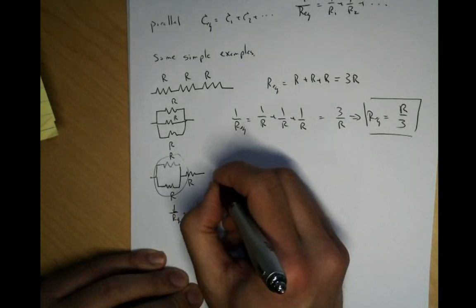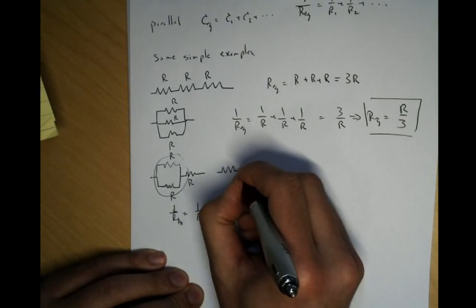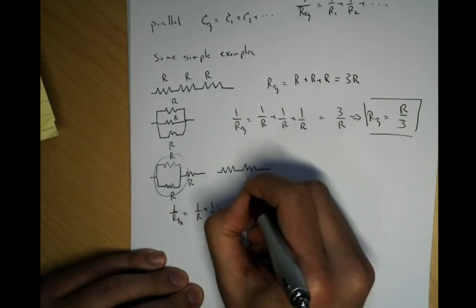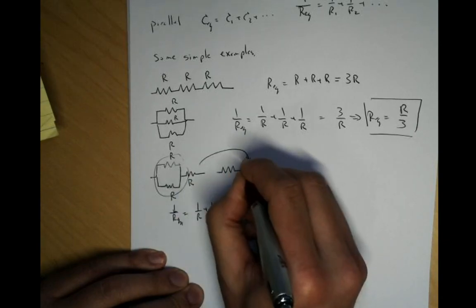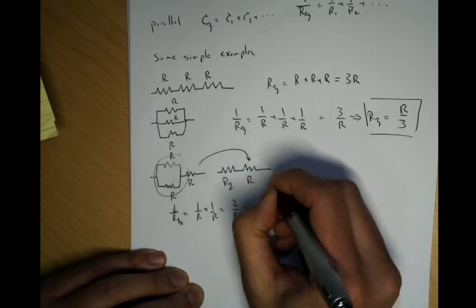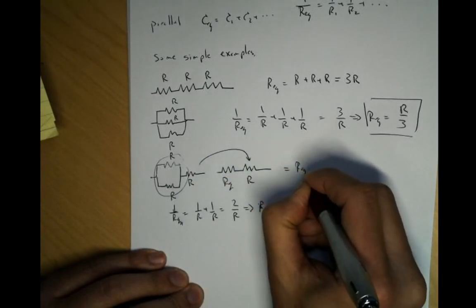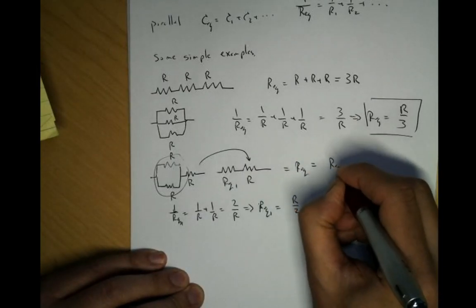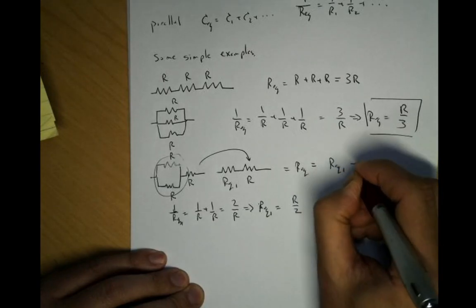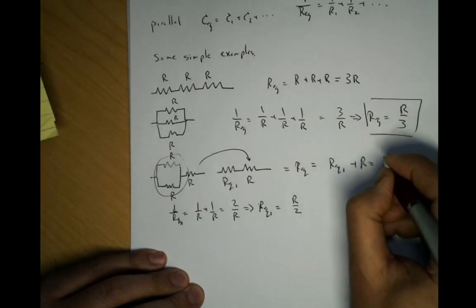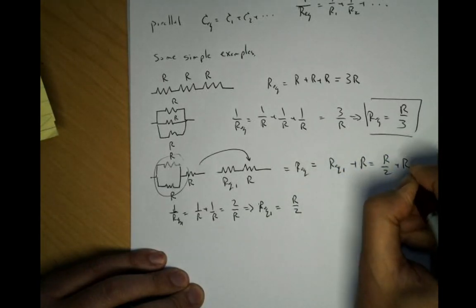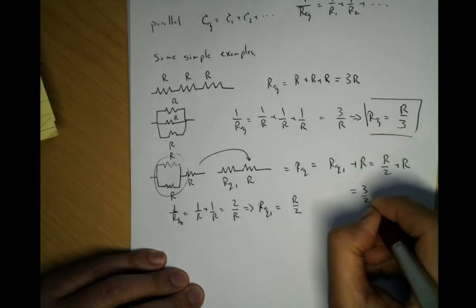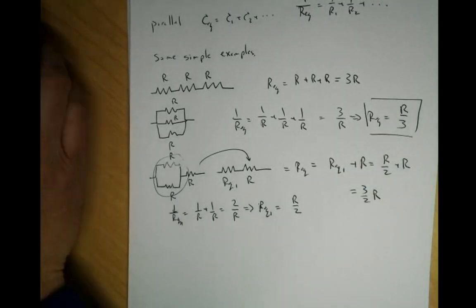Now this is the same as having this resistor here again in series with R equivalent 1. So R equivalent is equal to R over 2 plus R, which is 3/2 R. Pretty simple.